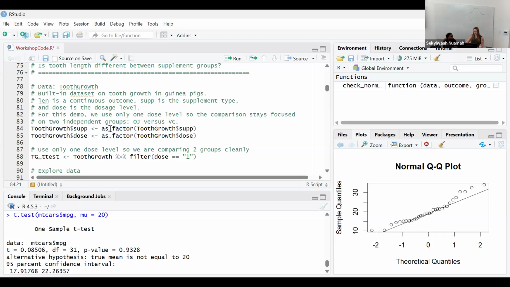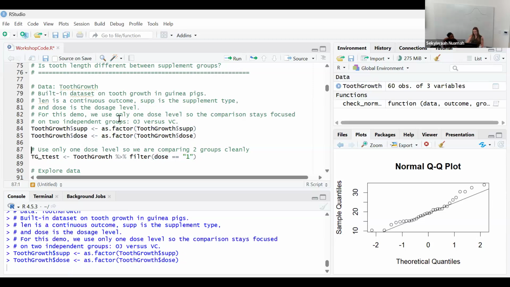So whenever you tell it it's a factor, now it sees it as a categorical variable with two groups, one being OJ and one being vitamin C. And it was the same thing for dose. In the original data, there are, I think, 3 different doses, but again, we're only going to use this one, and we filter that out down here. So I'll go ahead and run these.